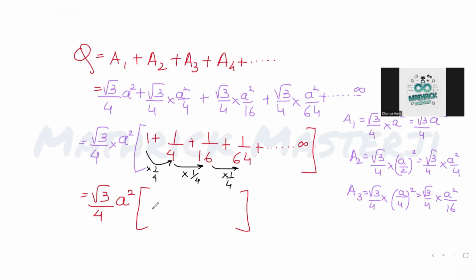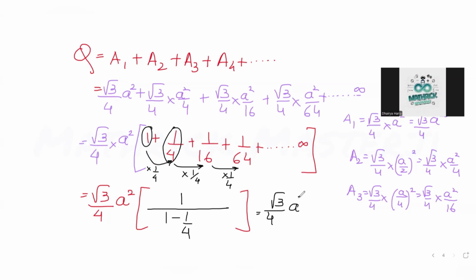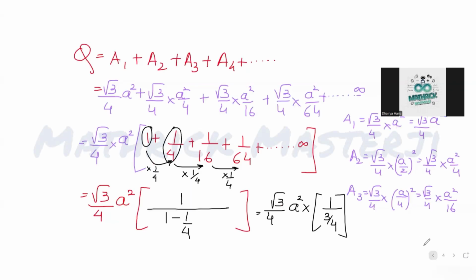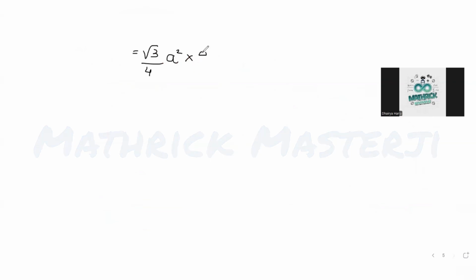So here I get this answer becoming a over 1 minus r, so 1, which is my first term, over 1 minus 1/4. So I get root 3 over 4 times a square times 1 over 3/4, which is root 3 over 4 a square times 4 over 3.